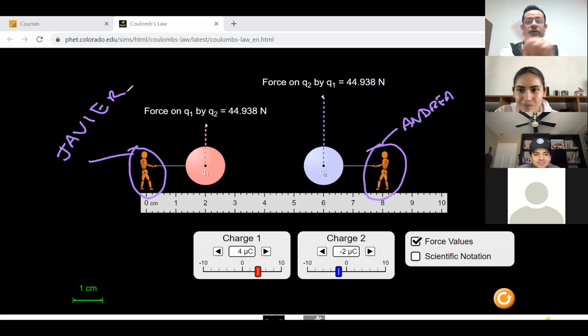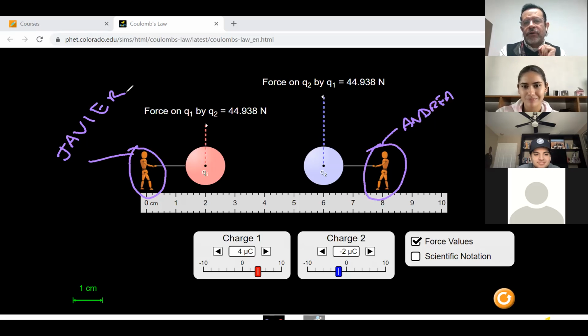You're the charge. But then I start moving backwards. What are you going to feel? Like tension. Yes, you're not moving, but if I start moving, you're going to feel that you're being pulled. Would you agree with that? Yes.